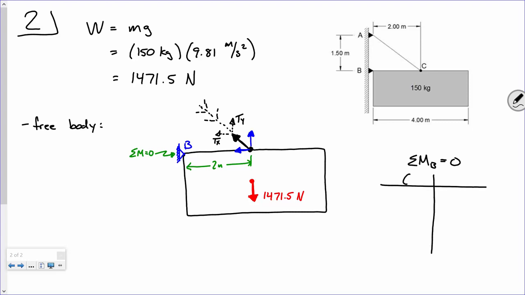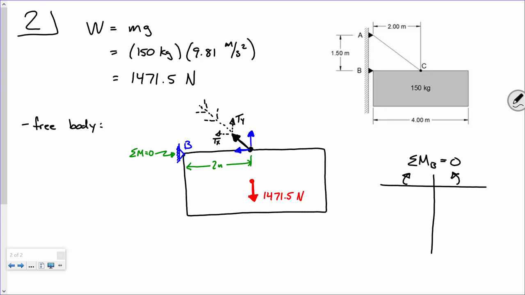And I say that everything spinning that way has to equal everything spinning this way. So, I look at point B, and I say, all right, at point B, I have 1471.5. I've got this weight acting at a distance of 2 meters, right? And it's going like this, right?